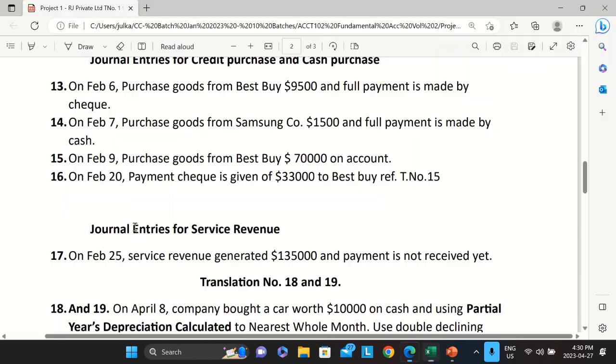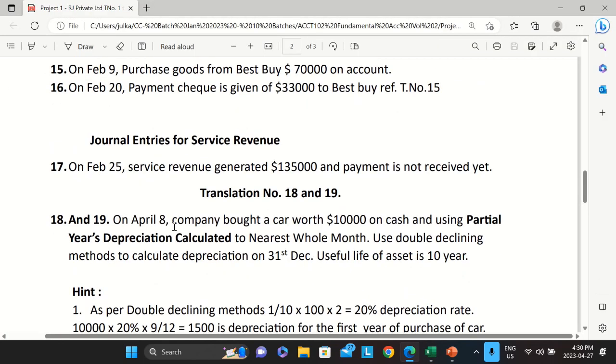So next we have the 17th journal entry. This is for the service revenue. On February 25th, service revenue of $135,000 was generated, and the payment is not received yet. It means that we will receive this payment later on, right? Service is rendered, service is done, but we have not received money. We may receive this money later on.